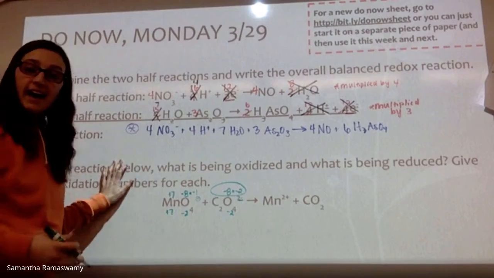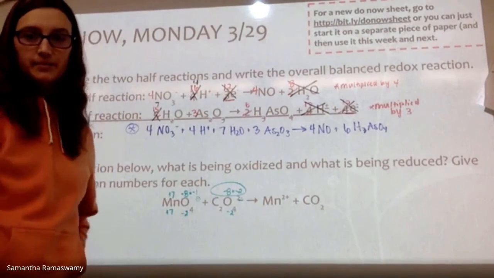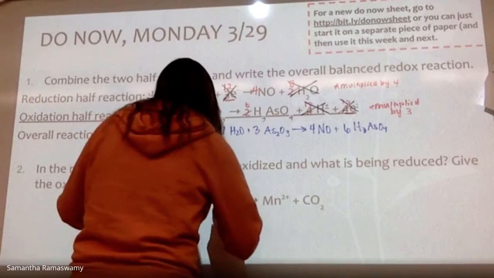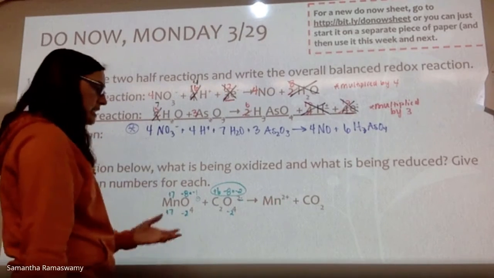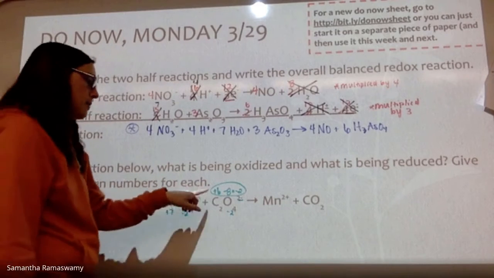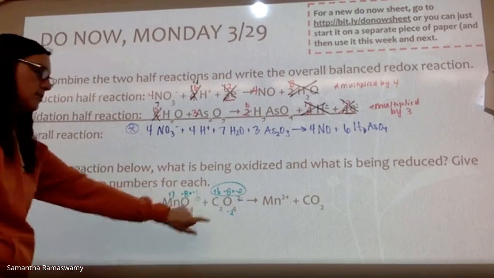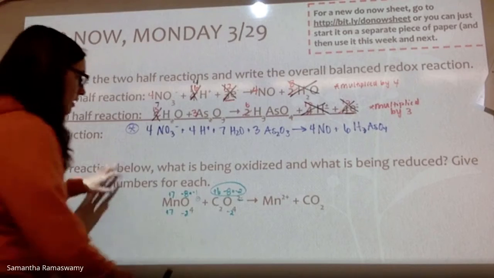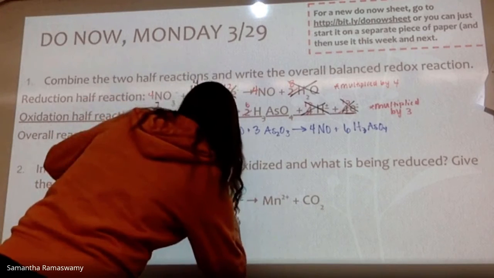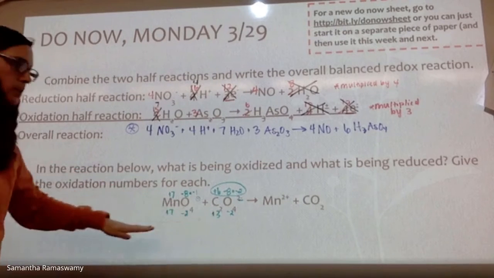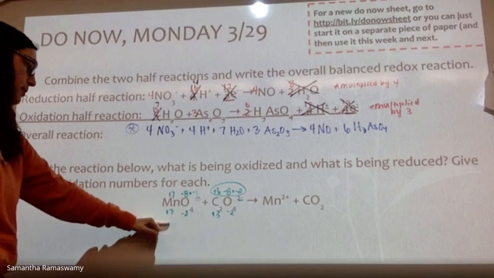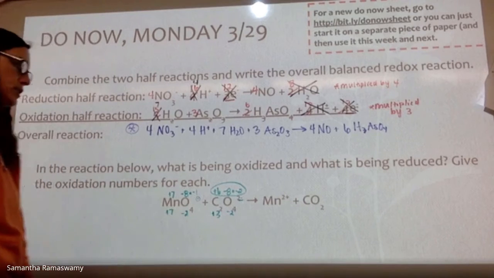So what do you have to add? Exactly, +6. If you do +6, all of the carbons are +6, all of the oxygens are -8. 6 minus 8 is -2. So all of the carbons are +6, but you have 2 carbons. So that means that each carbon is +3. So for the oxidation numbers on the bottom, we're assigning for individual atoms. We have +7 minus 2, +3 minus 2.